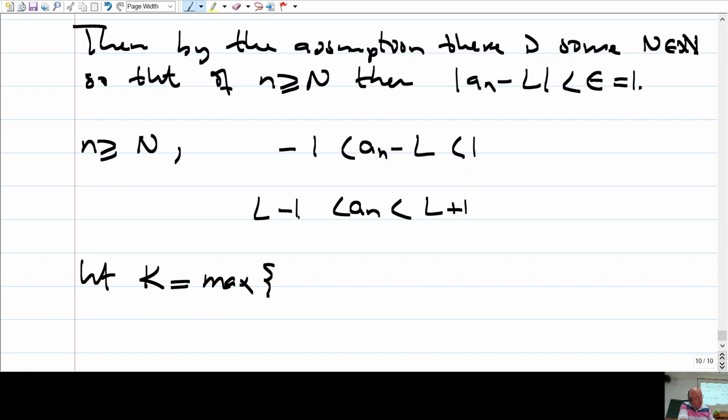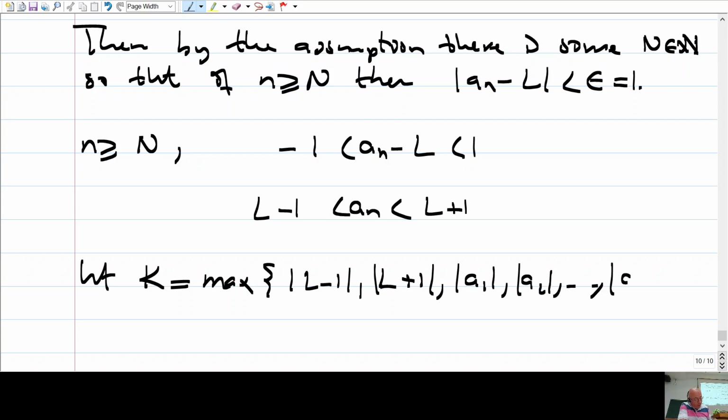I look at the absolute value of L minus 1, the absolute value of L plus 1, and the absolute values of these numbers, a_1, a_2, up to a_(N minus 1), the ones which are outside, right?